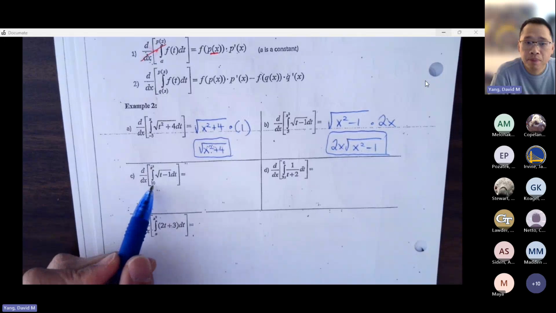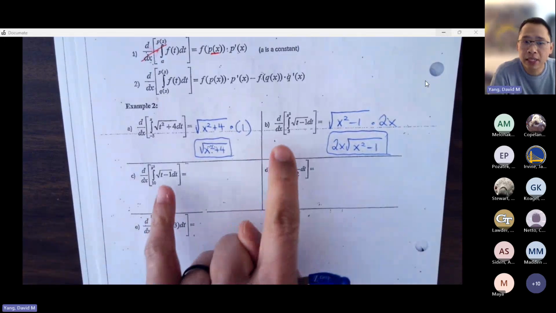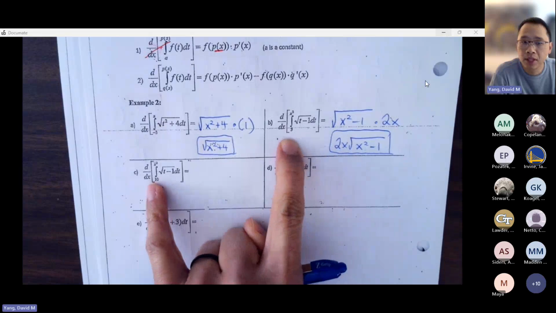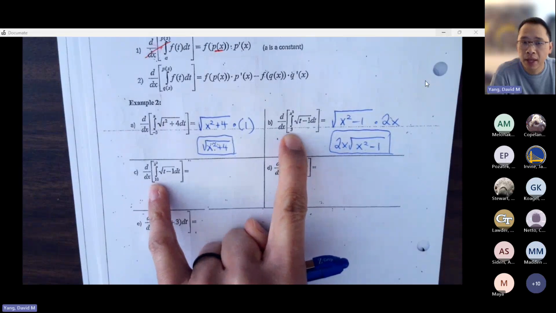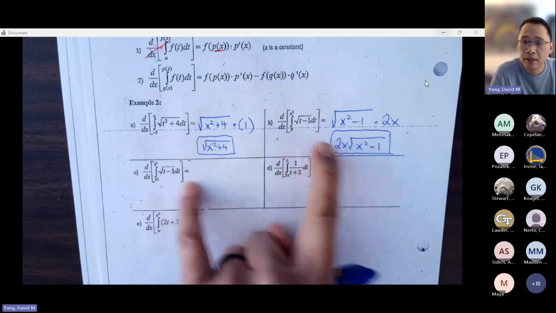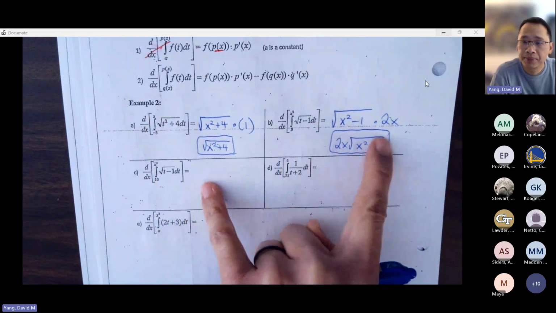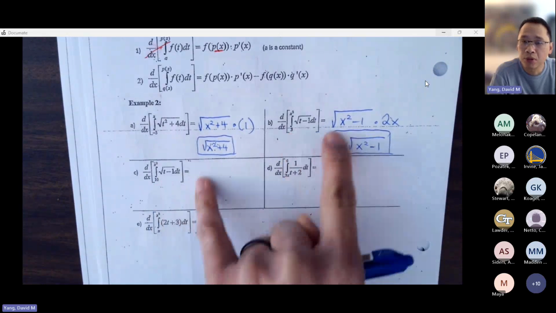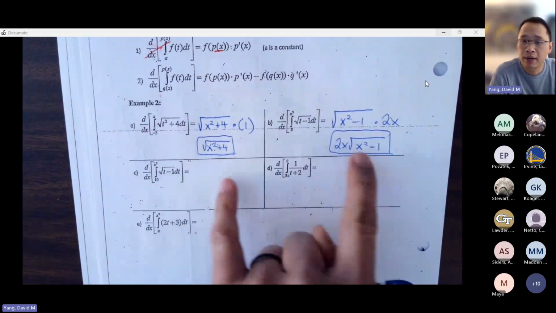Part C. If you look at part C and part B, exact same problem. It's just the lower bound is different. And again, just want to prove to you that the lower bound has no impact on the process, because the upper bound will get plugged in times the upper bound's derivative. And the 3 and 10 will produce some number, but that number will zero out.